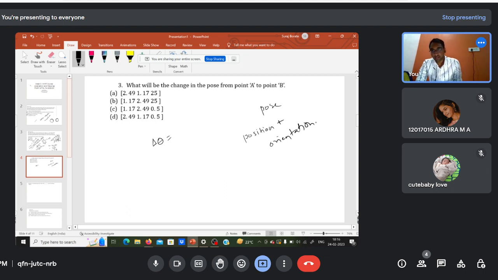Okay, so let me just write down all the formulas in case you have. And these are very intuitive also, it's not very difficult.